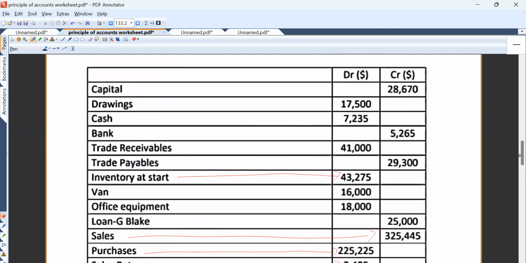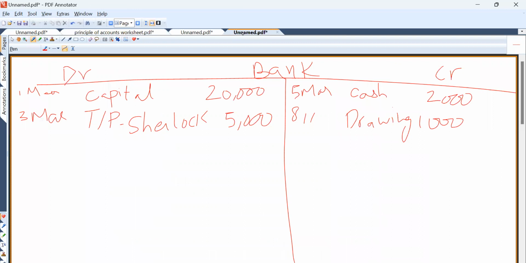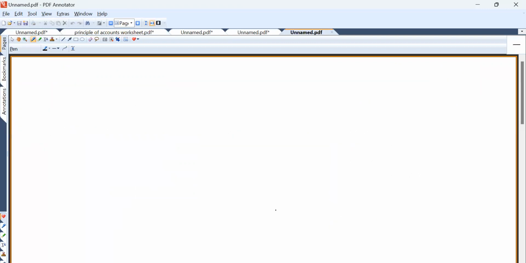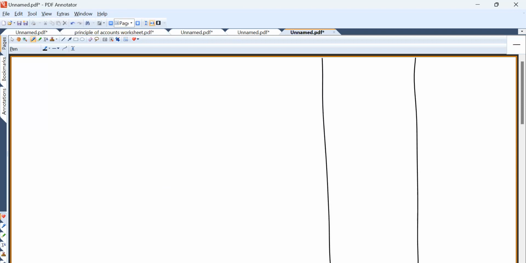Now let's start our income statement. Let's first complete it till gross profit. Income statement starts with two columns. I will write dollar sign over here and dollar sign over here. So it starts with sales.